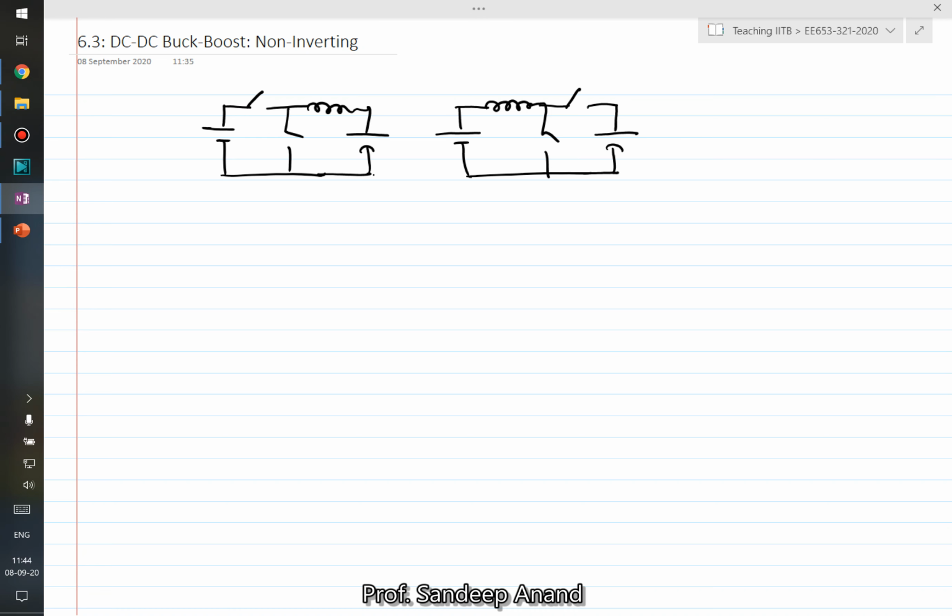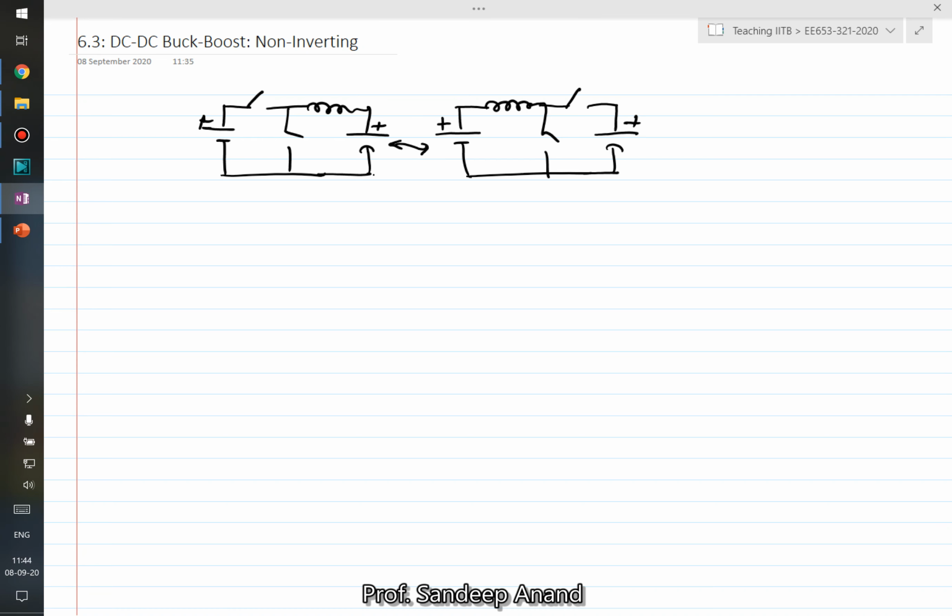Now in these two, we understand that for buck the polarity remains the same, and for boost the polarity also remains the same. The only thing is that one can only buck, the other can only boost. But what if we connect the input of one of them to the output of the second one?